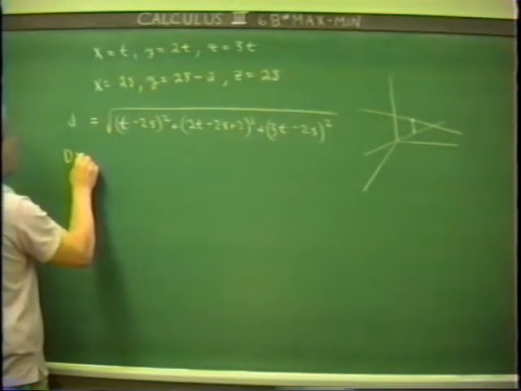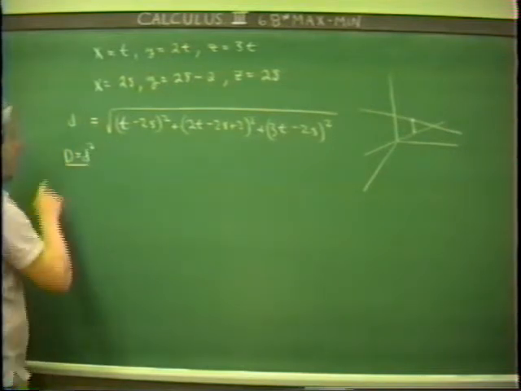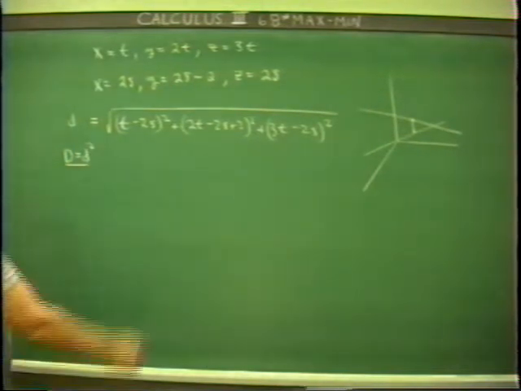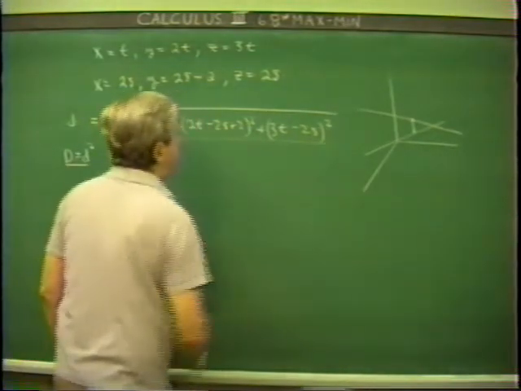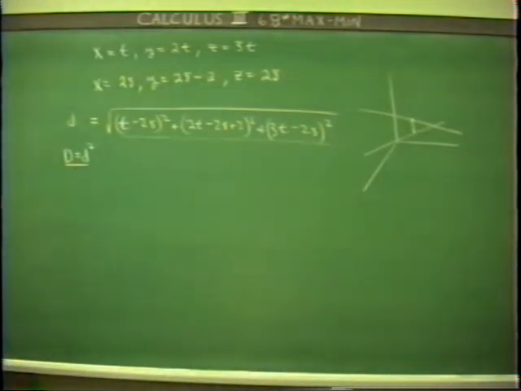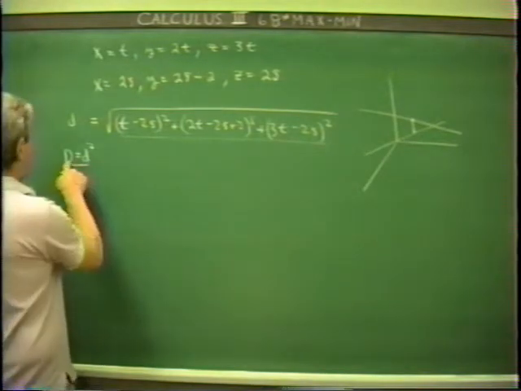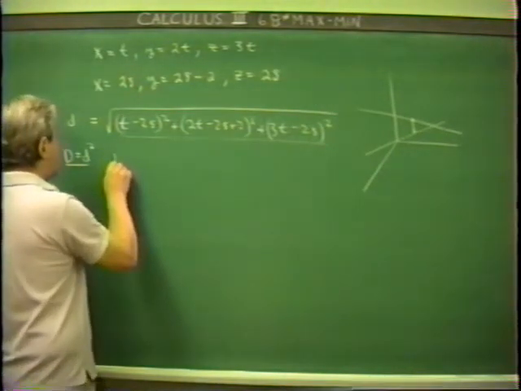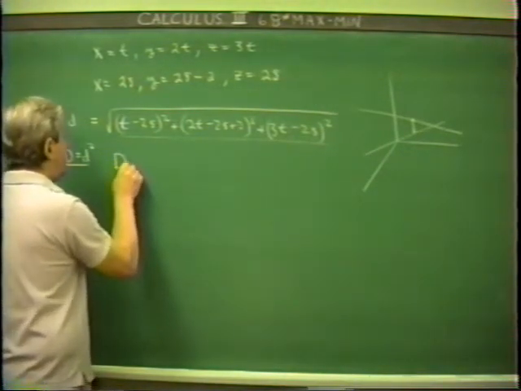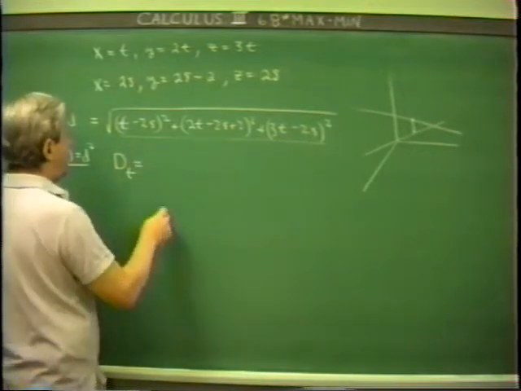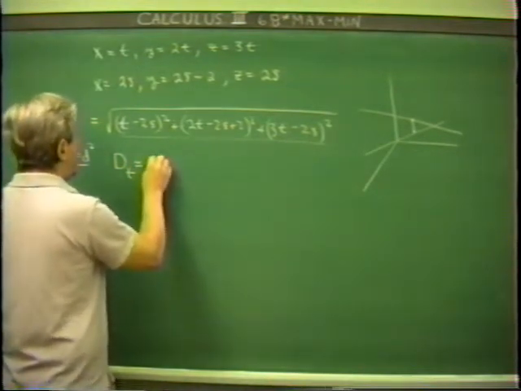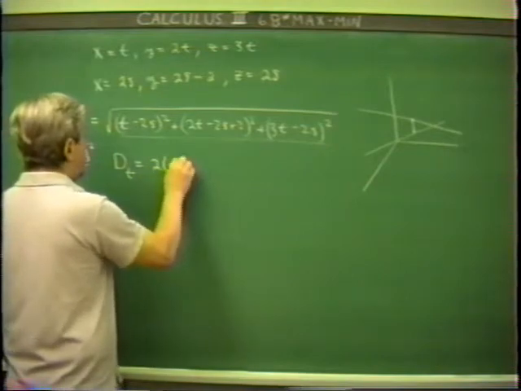Now we wish to minimize this, and it's easier perhaps to let D be little d squared and minimize capital D. To minimize this, we can really just minimize what's underneath the square root, and that of course will minimize the quantity. So if this is capital D, then let's take a look at the partial derivative of capital D with respect to t.